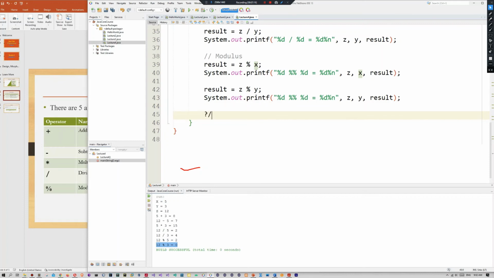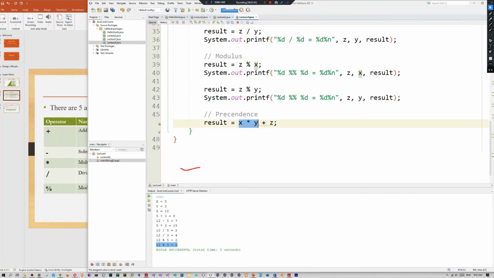Now, precedence. How does precedence work? Let's see, we have a statement x multiplied by y plus z. So x is equal to 5 and y is equal to 3, and the multiplication sign has more precedence.